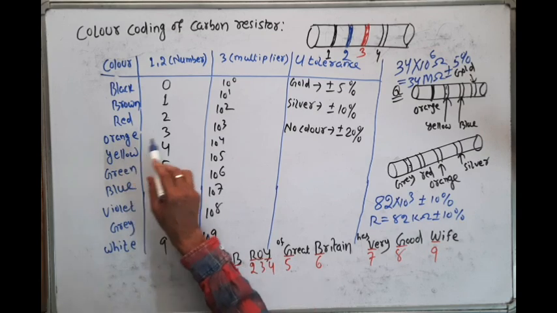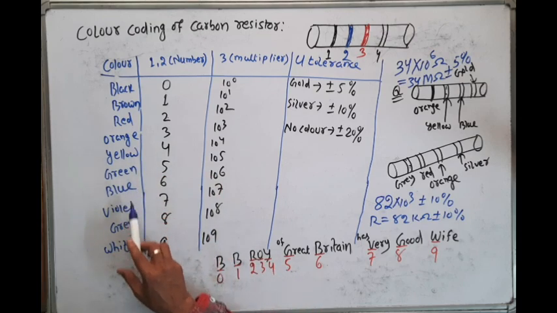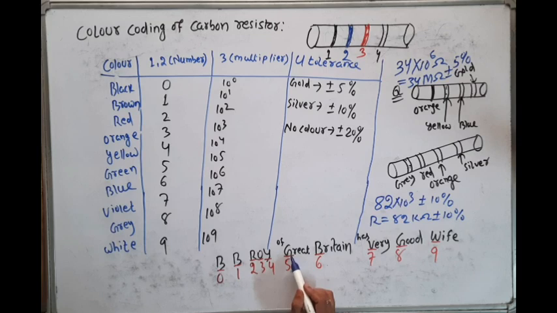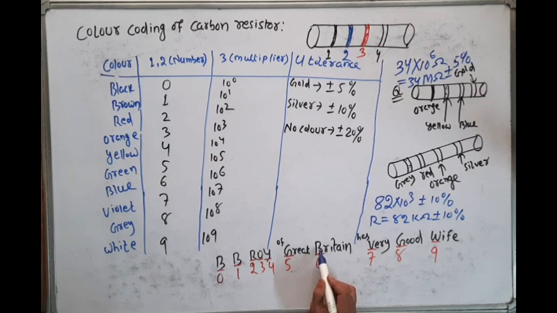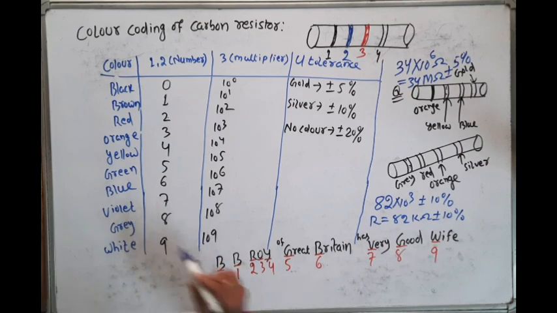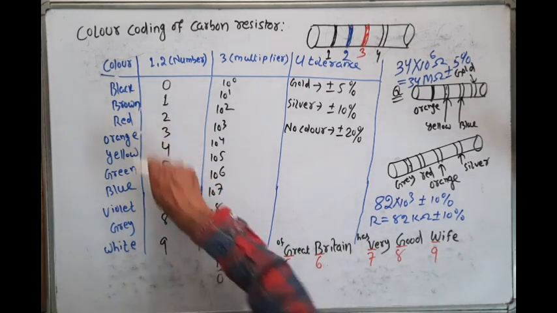Then O is orange, and orange is 3. Y is yellow, and yellow is 4. Great, G stands for green, and green is 5. Britain, B is blue, and blue is 6. Has very good wife: V is violet, violet is 7. G is gray, gray is 8. Then wife, W is white. So in this way you have to remember this.